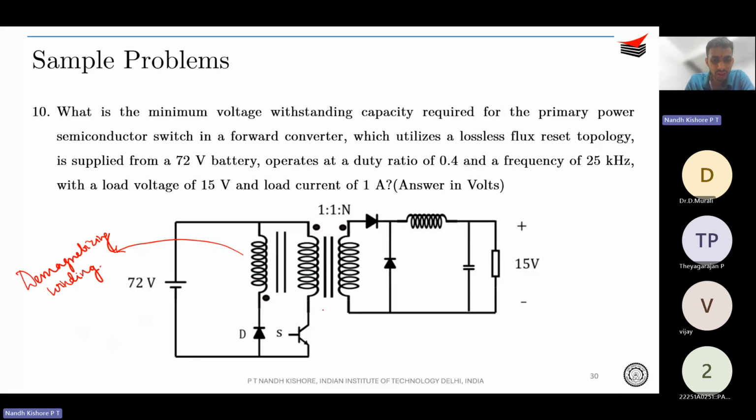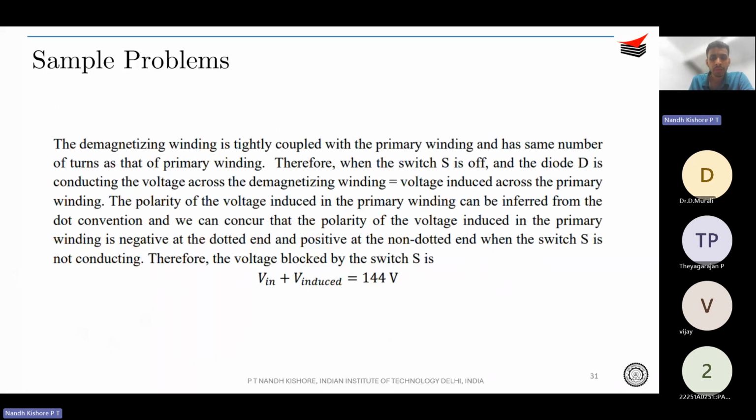However, when the switch is off, that is you turn off this device, what is the voltage that appears across this device? Vs. Just by applying KVL, Vs is simply Vin plus the reflected voltage, Vin plus Vp. Vin is given as 72. You need to find out what is Vp. Once you find Vp, Vs is simply Vin plus Vp.